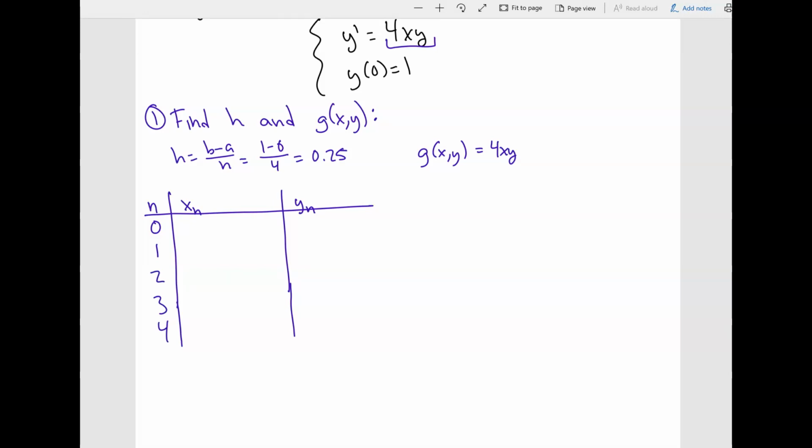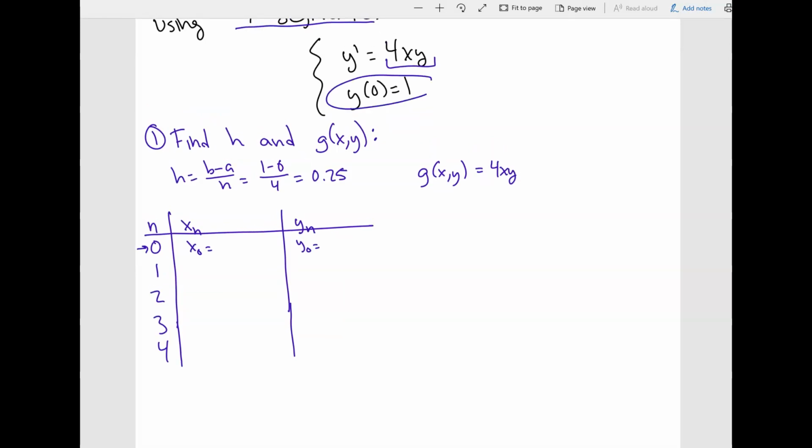Okay, so now we're going to start off at the very beginning when n equals 0. So when n equals 0, x0 and y0 are going to be whatever my initial condition was, which in this case was y of 0 equals 1. So that means x is 0 and y is 1. That's where we're starting. Okay, now we're going to move over to the first segment.